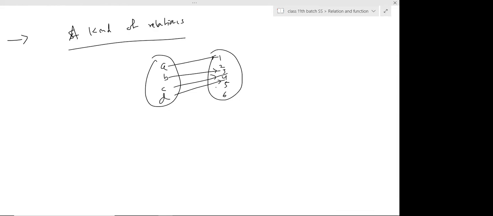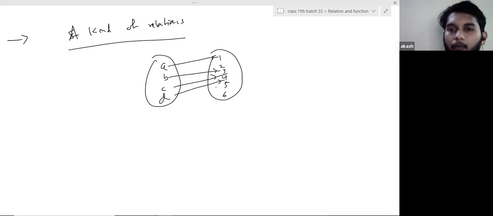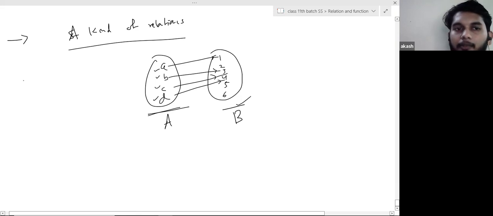Now, how to check if it is a function or not? If a relation has to become a function, you have to check this set. This is set A, this is set B. All the elements of set A must be related to an element of set B.